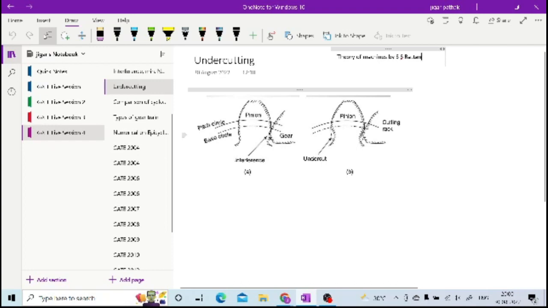So in order to avoid interference, you have to cut it from the base, right? So that is known as undercutting. Sometimes it is difficult, because when you are having a small gear and you go for undercutting, then it becomes weak. So sometimes it is difficult to go for undercutting, but most of the times undercutting is provided to avoid interference.